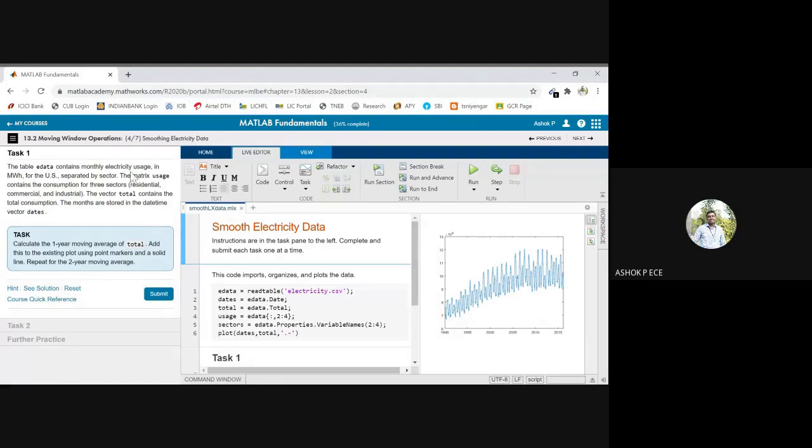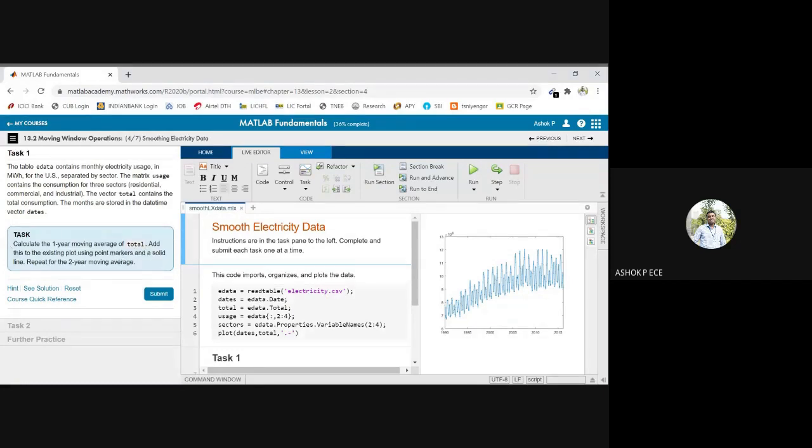So it has a matrix for three sectors: residential, commercial, and industrial. We know that total contains the total consumption. So when you add all the consumption of residential, commercial, and industrial, you get the value total. The months are stored in the timeline in the vector dates, for which the consumption and total consumption are given.